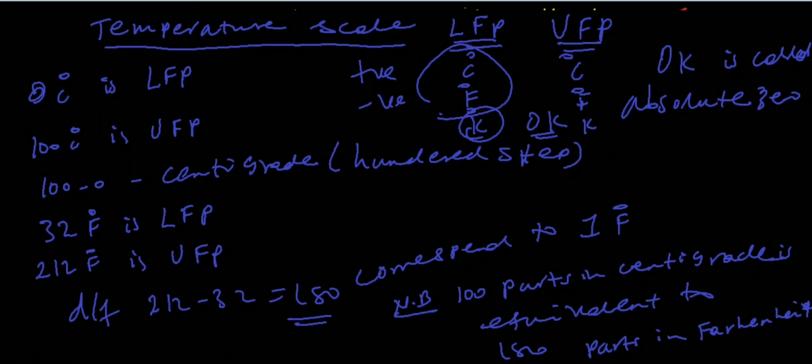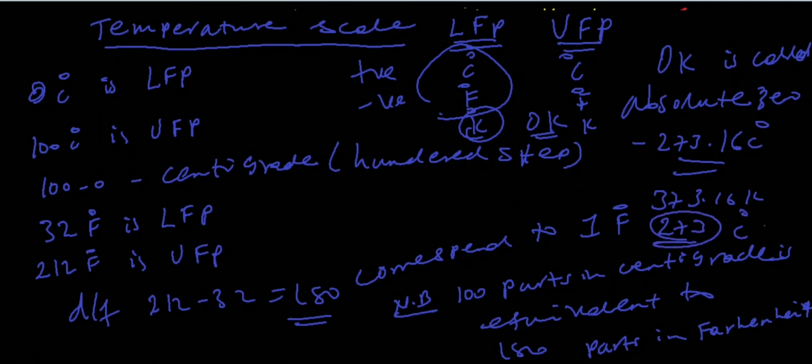Its value has been measured to be approximately negative 273.16 degrees Celsius. That means the upper fixed point is 373.16 Kelvin, and the lower point is 0 Kelvin. The degree Celsius and Kelvin scales differ by about 273.